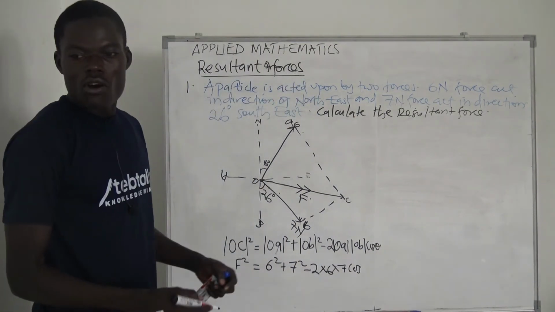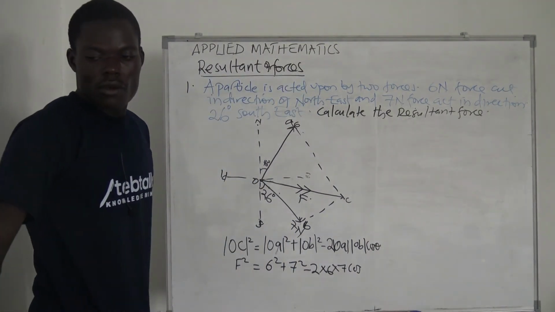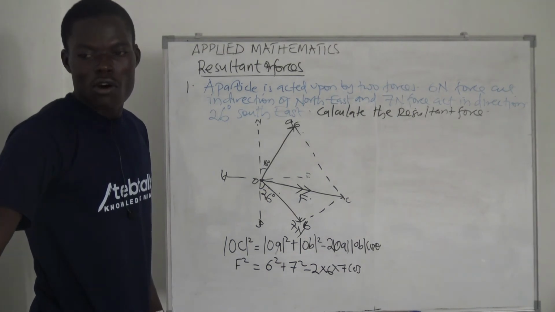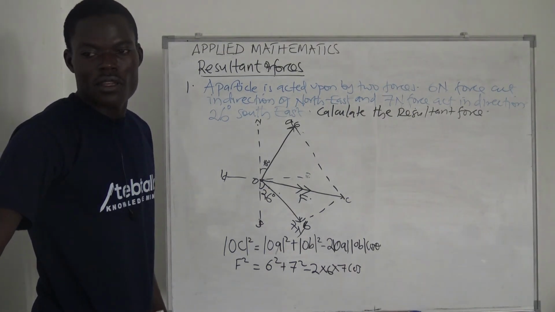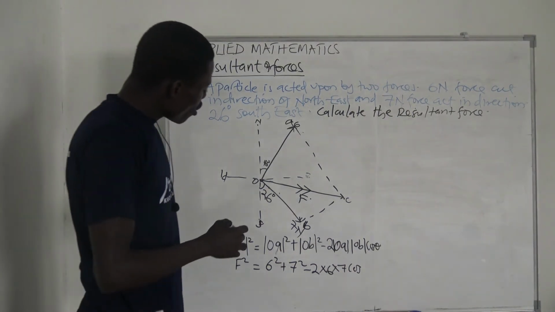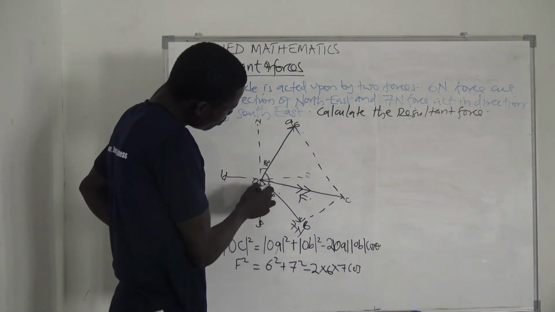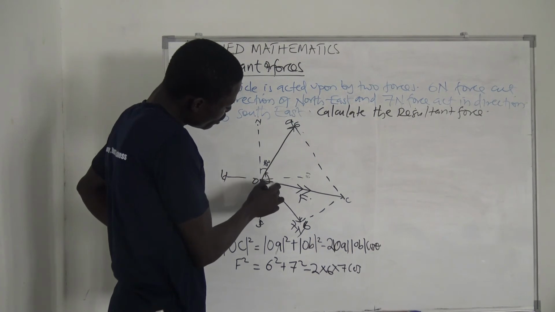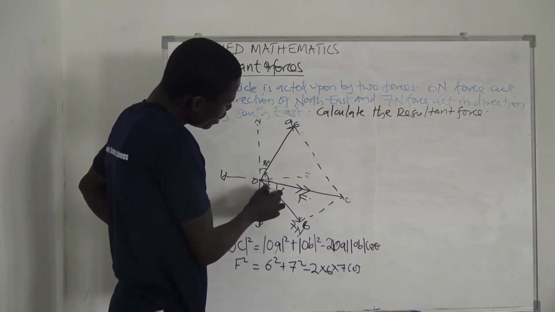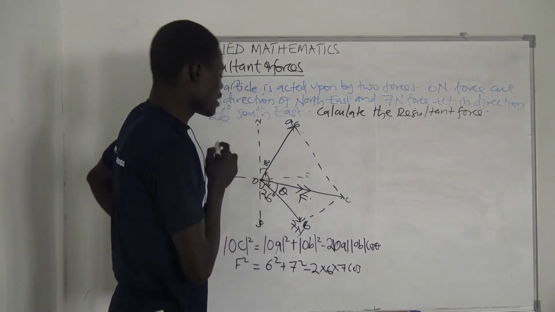What is our angle? Our angle is the angle between the forces from here up to here. But we know between the force and the resultant is star.